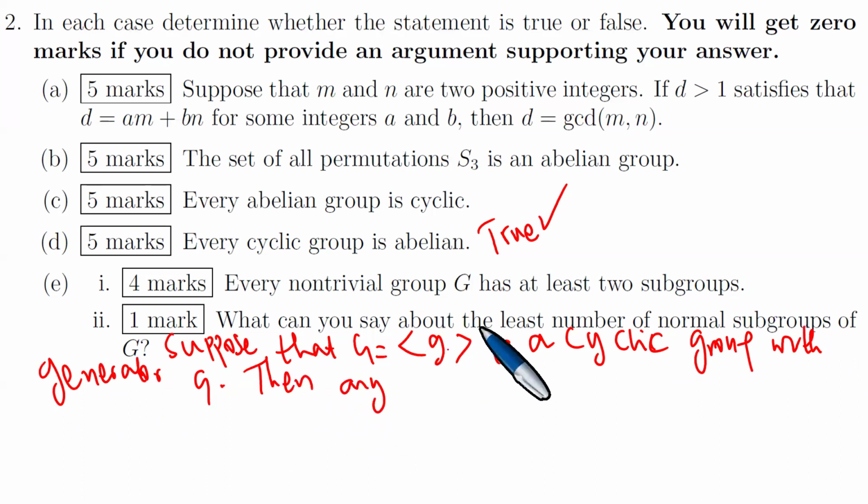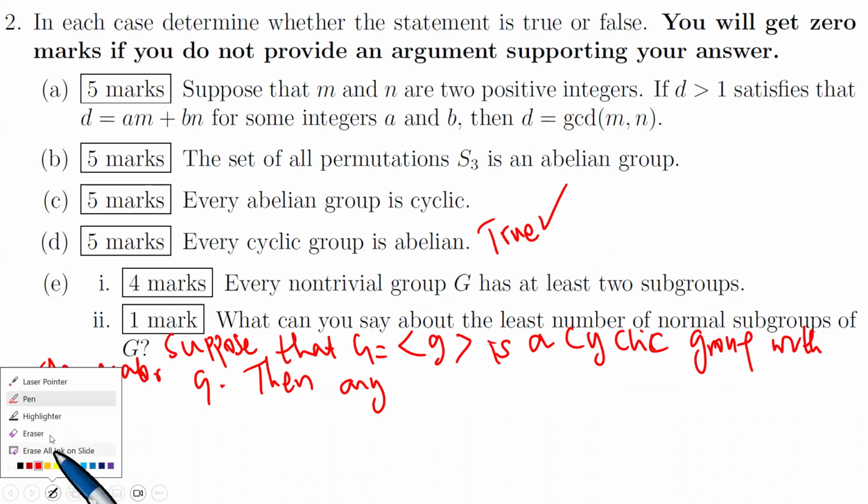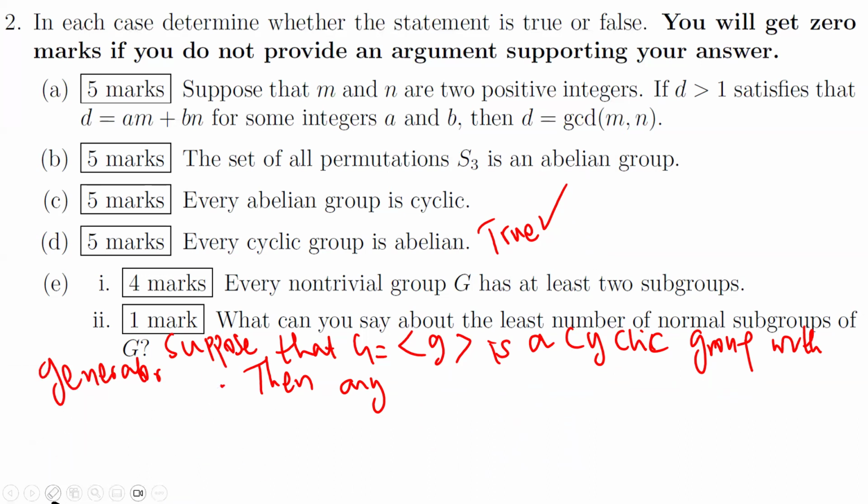The g in the pointed brackets is the generator of the group G. So we say: suppose G is a cyclic group with generator small g. We write a small g because the generator is an element.